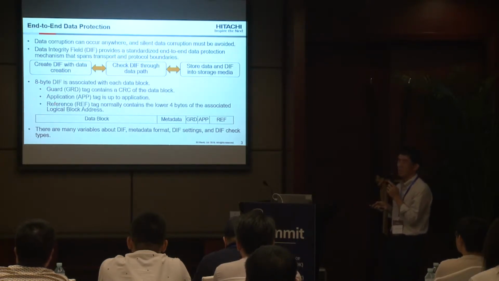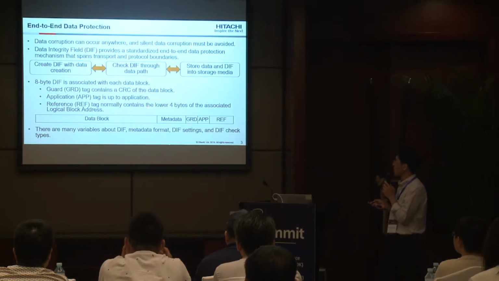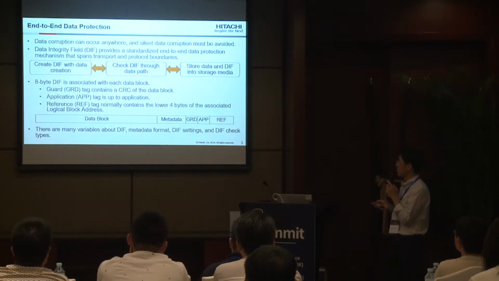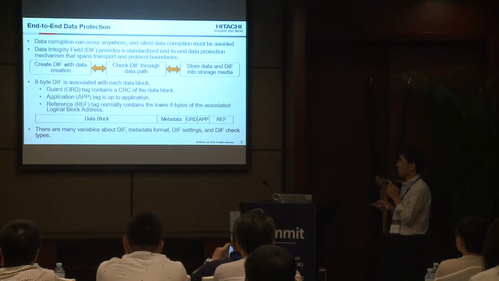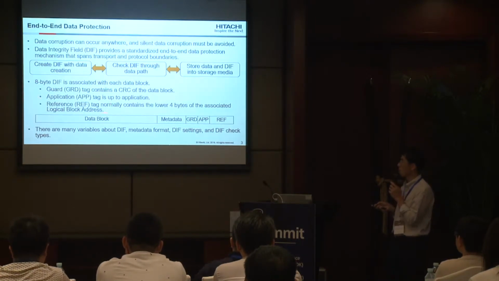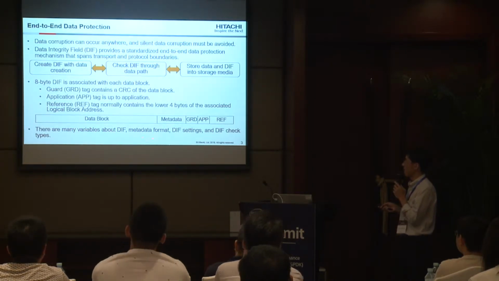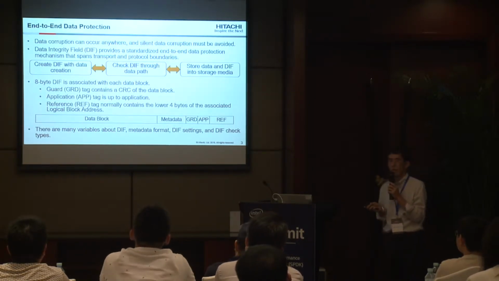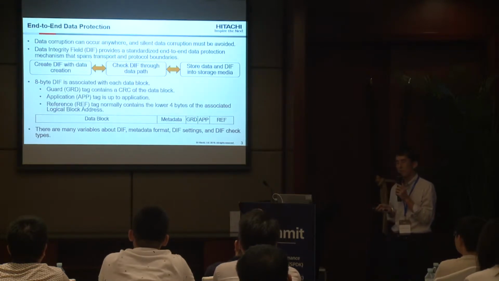The third one is the reference tag, which normally contains the lower 4 bytes of the block address, and which can detect wrong destinations of write and read I/O. Especially for NVMe, there are many variables in DIF configuration, so we introduced the DIF library to use the feature easily.